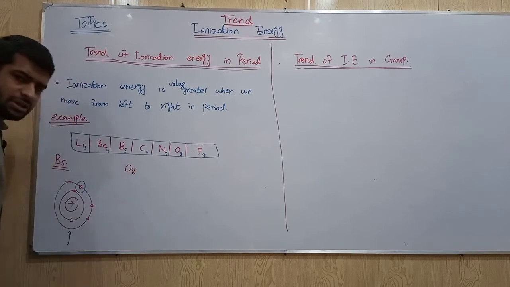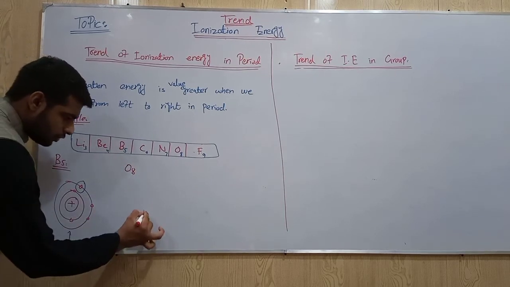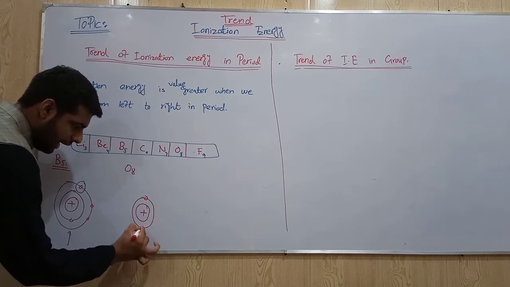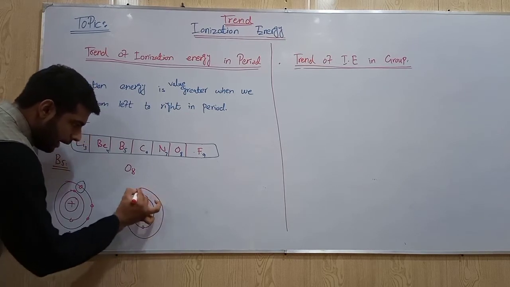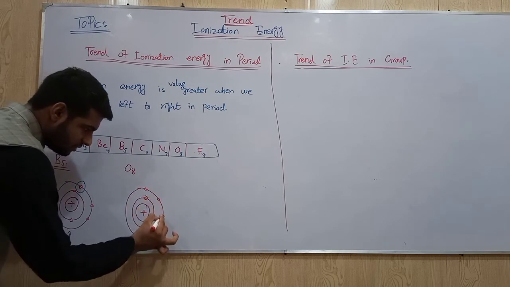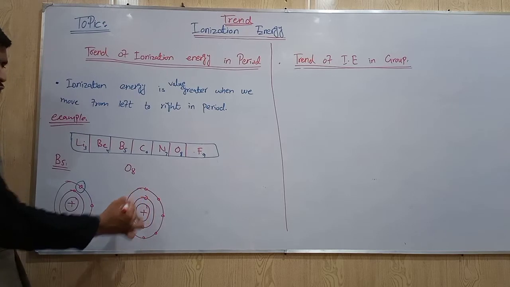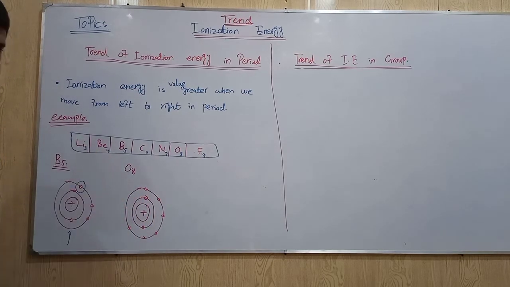Oxygen atomic number is 8 and its atomic structure is this. First shell has 2 electrons and second shell has 6 electrons. 6 plus 2 equals 8 electrons.